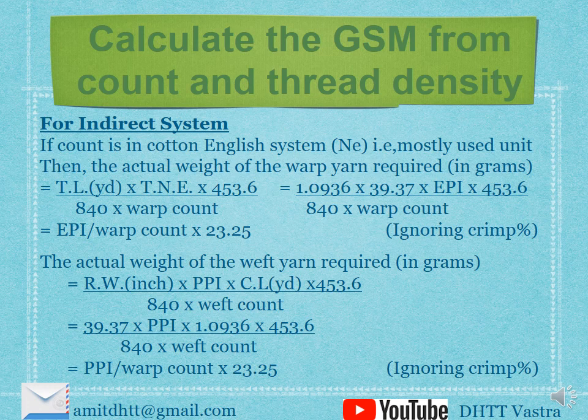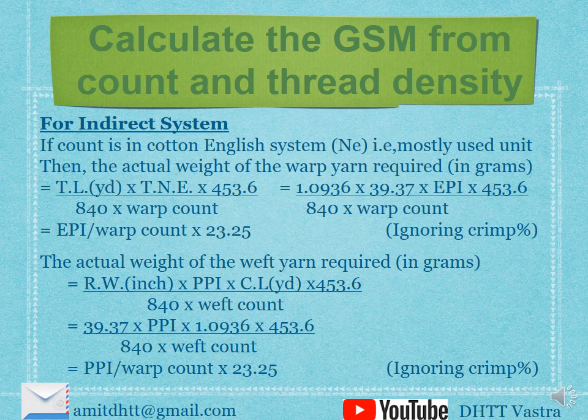So to convert the 1 meter length to yards, 1 meter is equal to 1.0936 yards. Here the tape length must be in yards, so 1 meter is converted to yards.